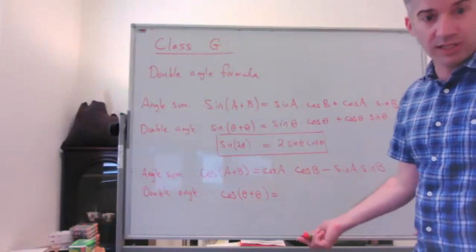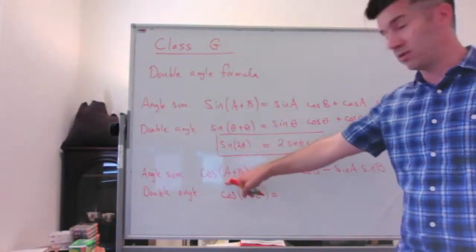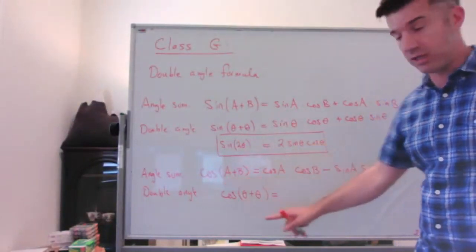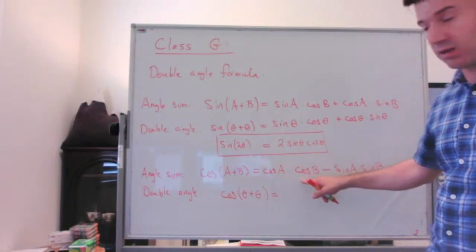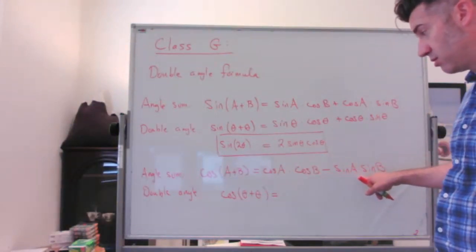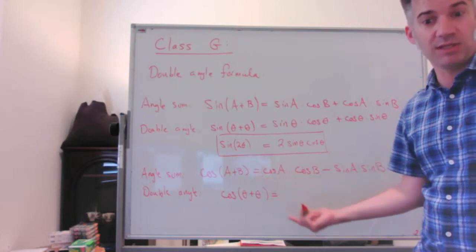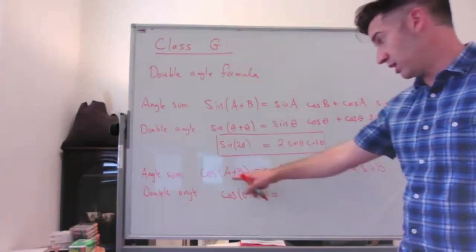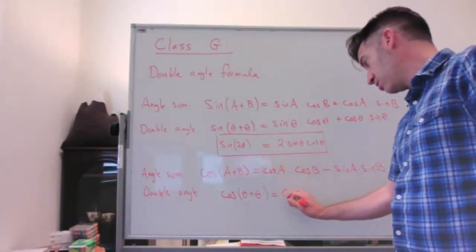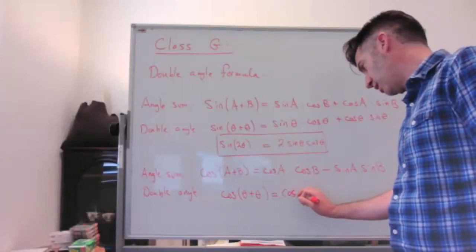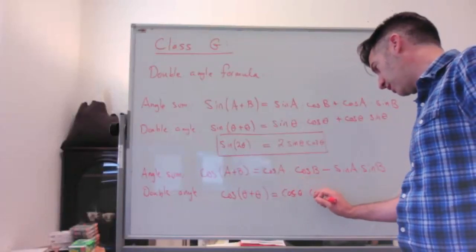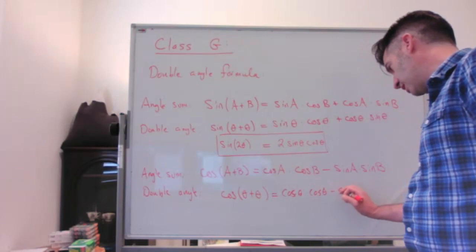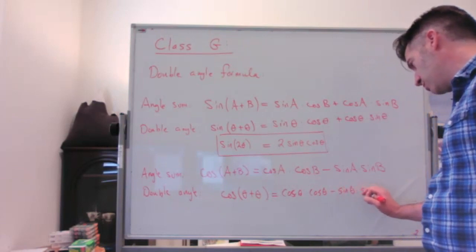Same idea for cosine of theta plus theta. We're going to use the angle sum formula. Cosine of a plus b is cosine of a times cosine of b minus sine of a times sine of b. We can replace a and b with the same angle theta. So cosine of theta plus theta should be cosine of theta times cosine of theta minus sine of theta times sine of theta.